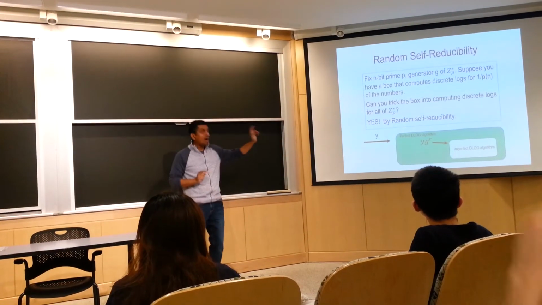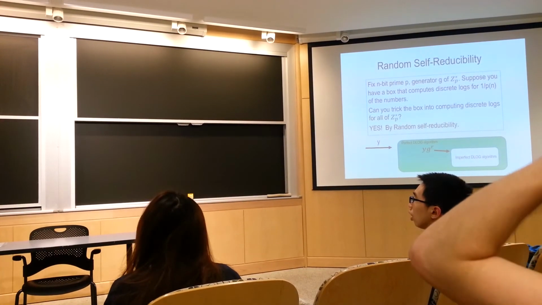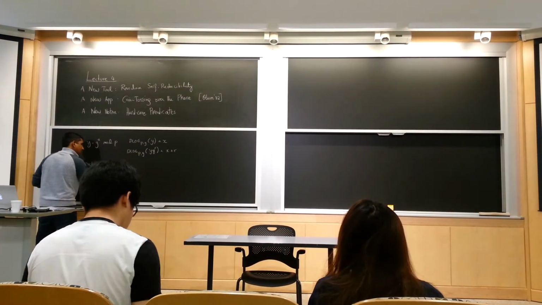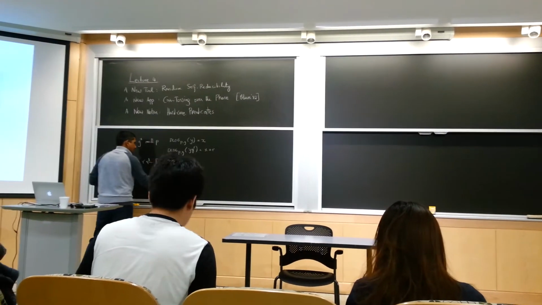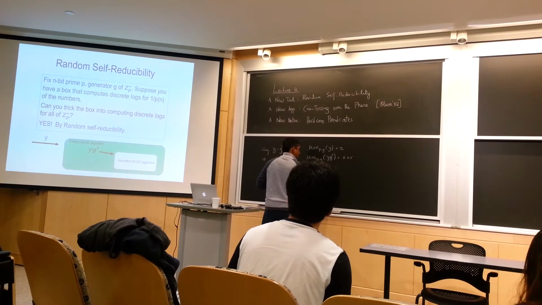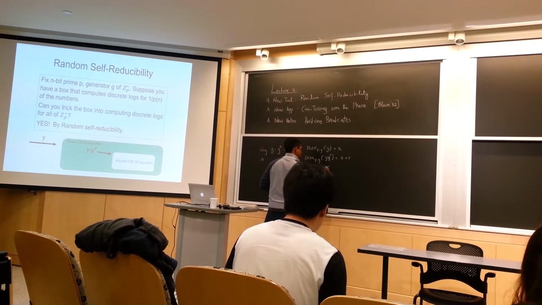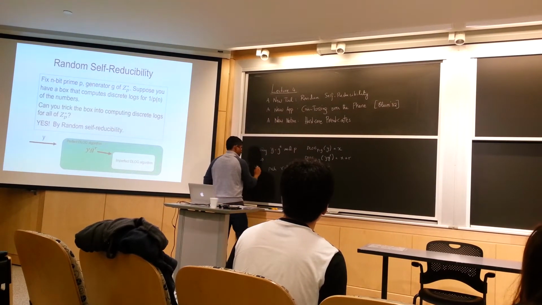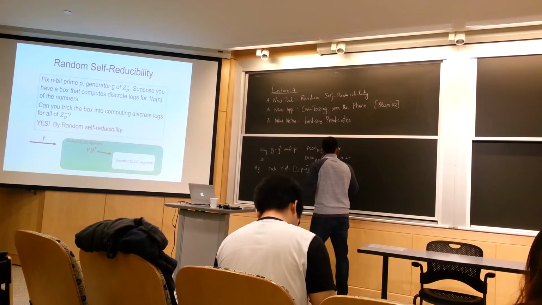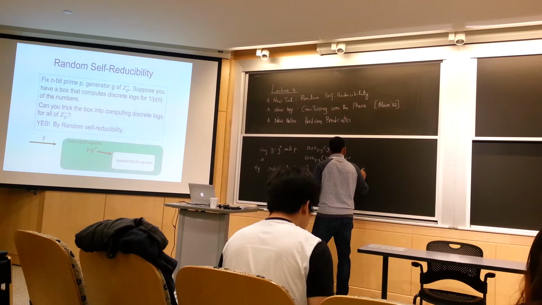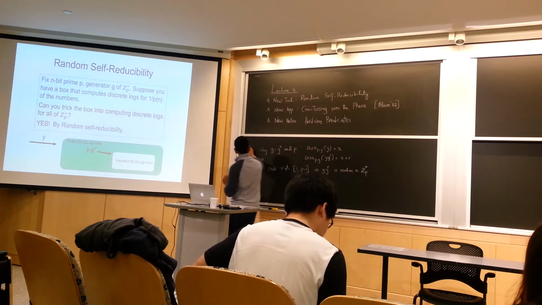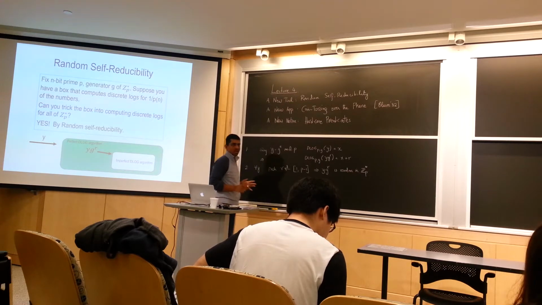You pick a number r at random in the interval 1 to p minus 1, and y times g to the r is random in Z_p star.